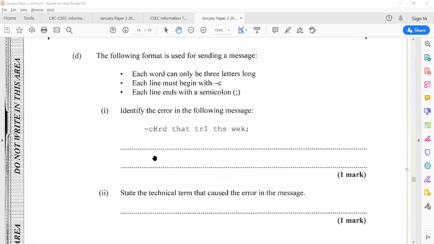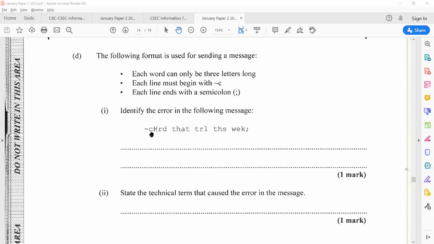Right, so for this question, what you need to do is first determine where the error is and then state it, right? So based on the criteria above, the error will be with this word here, that, THAT, right? Because this word is more than 3 letters long, right? You may be tempted to identify the first word, but remember they say each line must begin with these 2 characters.